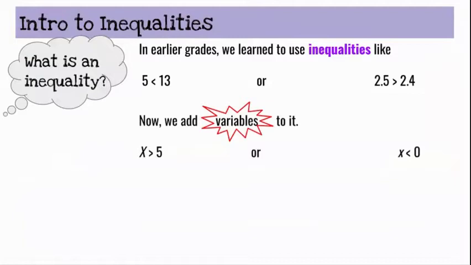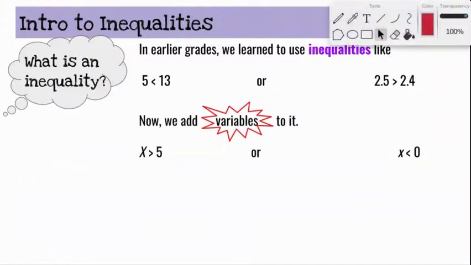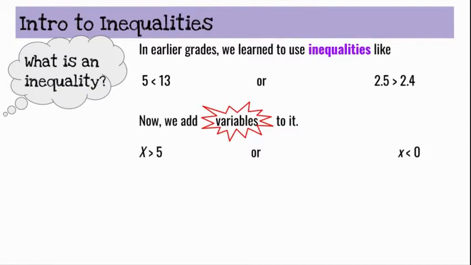That means that there's not just going to be one number that satisfies this inequality. For instance, on this first one, x is greater than 5. What that means is that there are an innumerable amount of possible solutions for x.